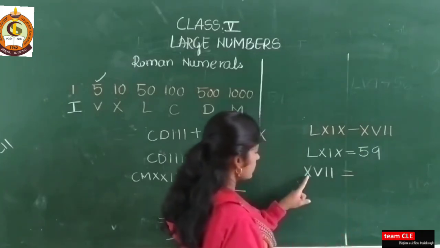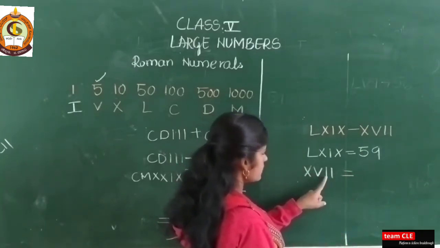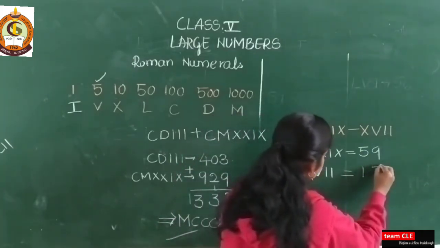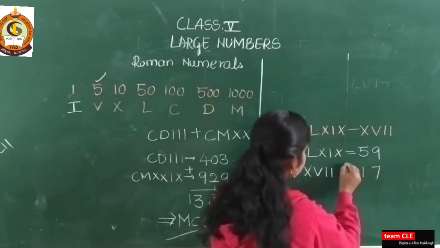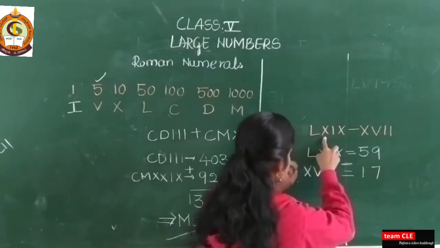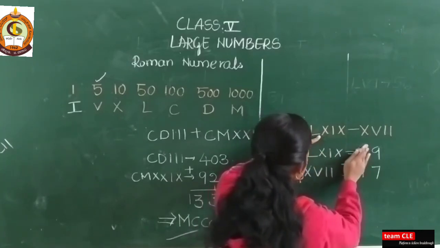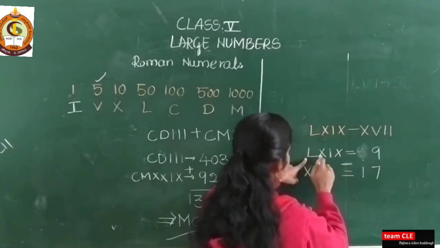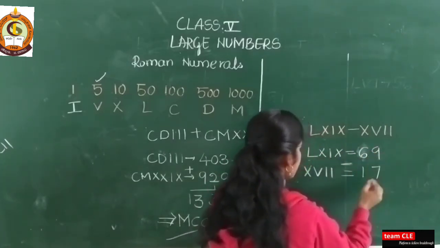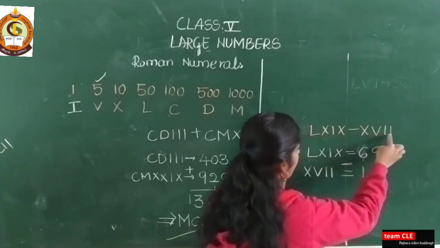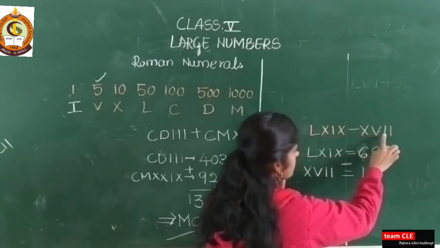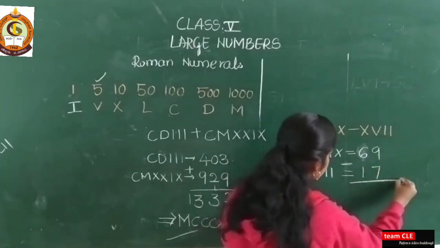XVII means it is X means 10, 15, 16, 17. 17 is there. Okay, then see here subtraction. LXIX means it is 69, LX is 50 plus 10, so write here 69 minus 17. XVII: 10, 15, 16, 17. So subtract here.